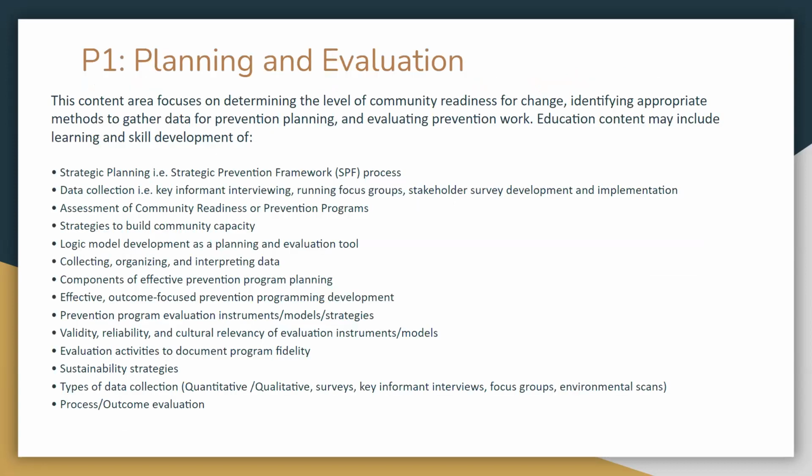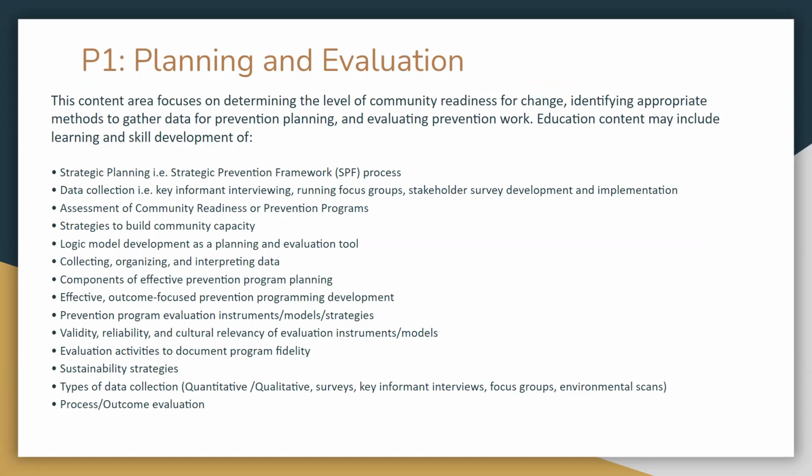So this is just an example of one of the content area definition sheets. So for P1, this is what the definition looks like. Just wanted to show you, let's say you've got a college class that was all about data interpretation. So you can look at this section, look down and go, there's a whole line there that says collecting, organizing, and interpreting data.